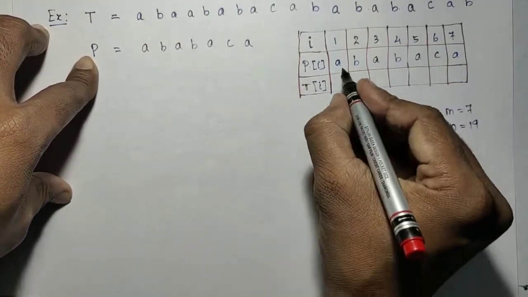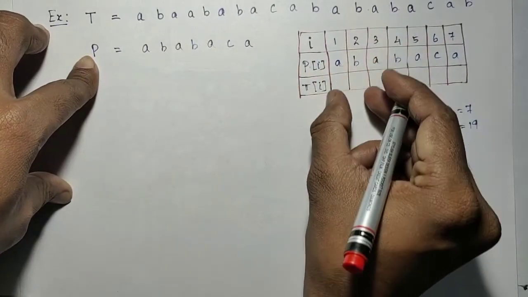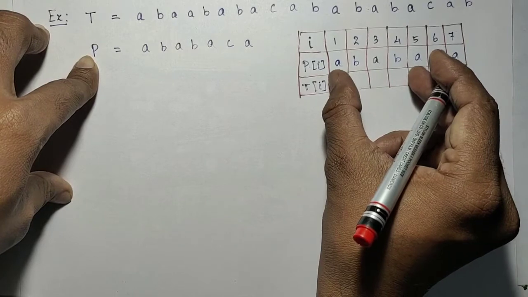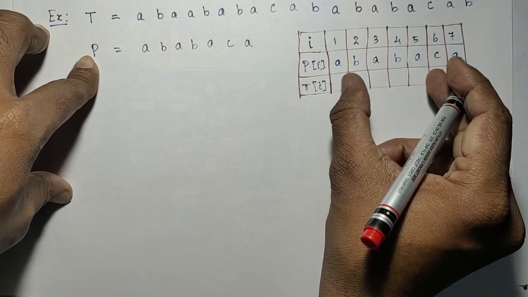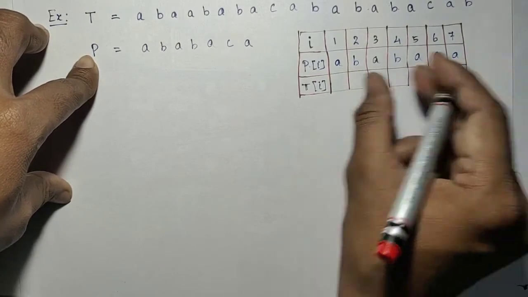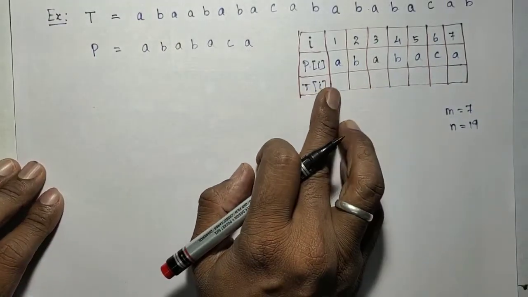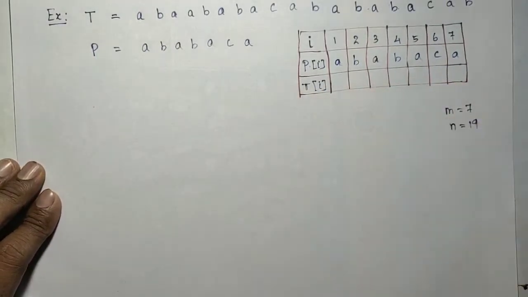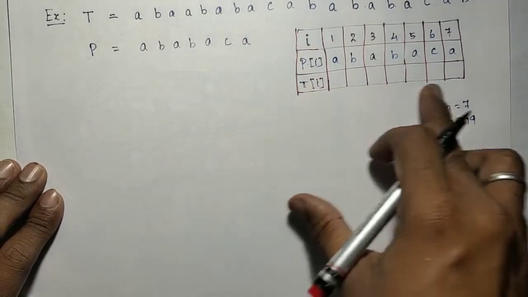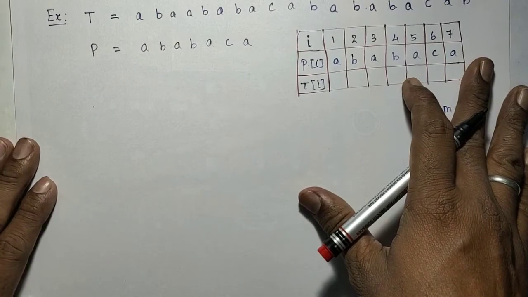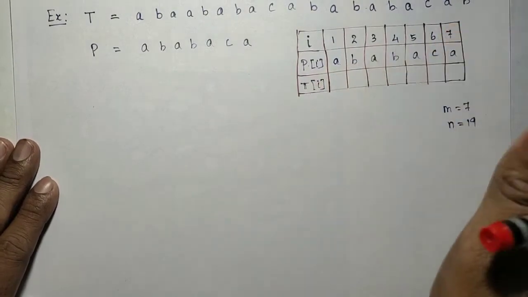For each length, 1 character, 2 character string, 3, 4 and so on, I need to compute the corresponding prefix: pi of 1, pi of 2, pi of 3, up to pi of 7. This will be computed in O of M complexity.